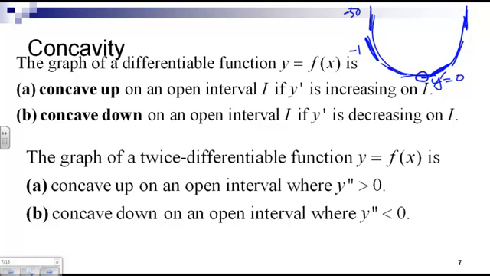Y prime is increasing. Let's take a look quickly at concave down. Here's a really big positive slope. Slope not so positive, going to 0. What's happening to the value of y prime as we go on that path? It went from big to smaller to 0, and now it's turning negative.